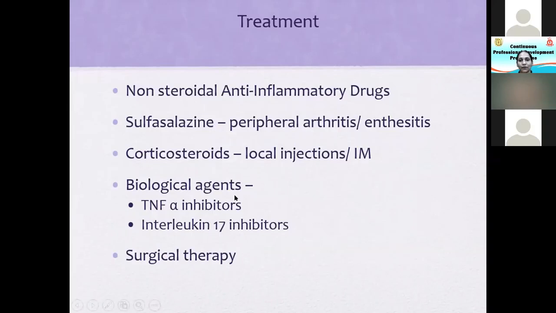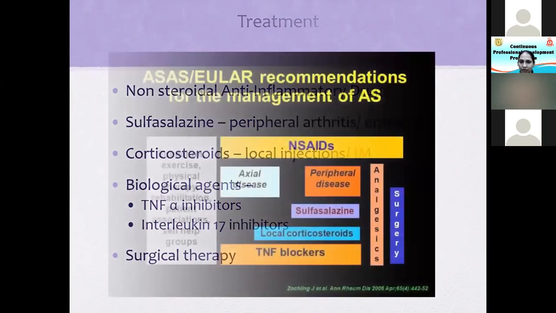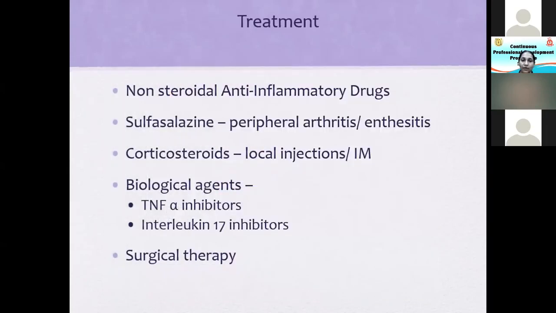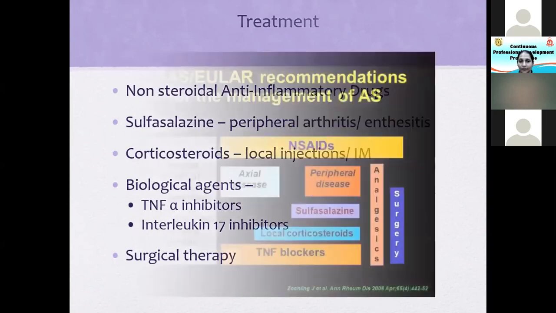Biological agents, tumor necrosis factor alpha inhibitors, infliximab, golimumab can be used for these patients. Both are available for our patients in our clinics. And they can have surgical management as well.